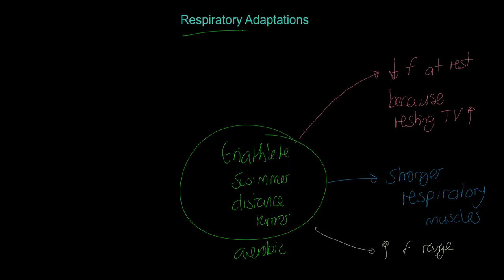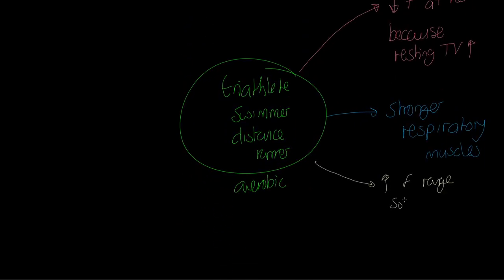Now, what that leads to is that we have a greater maximal breathing frequency, and especially the difference between rest and non. And that again is because of the strength of those respiratory muscles, and especially the expiratory muscles, the breathing out muscles. Think about the rectus abdominis, think about the internal intercostals. These become more and more efficient, therefore we can breathe out faster during maximal exercise conditions.